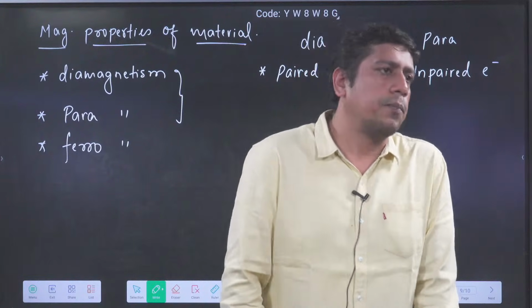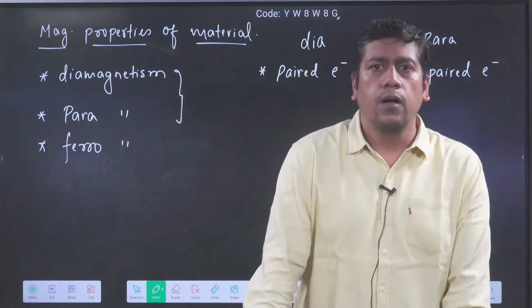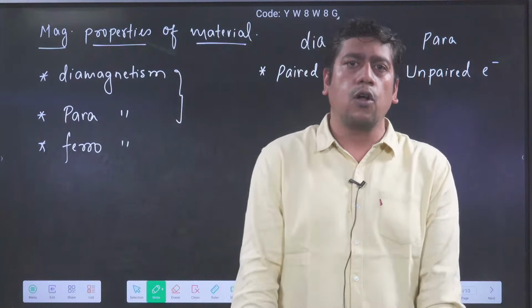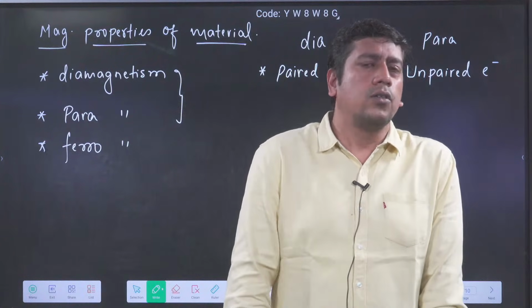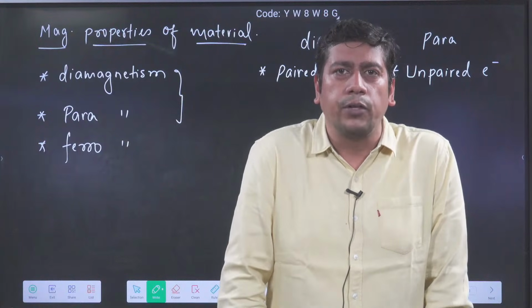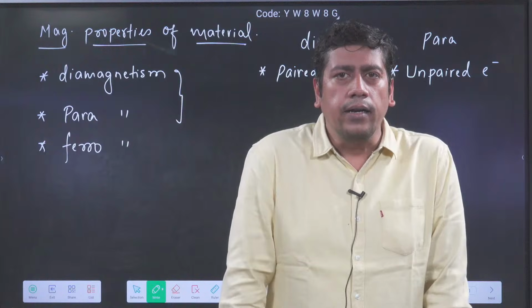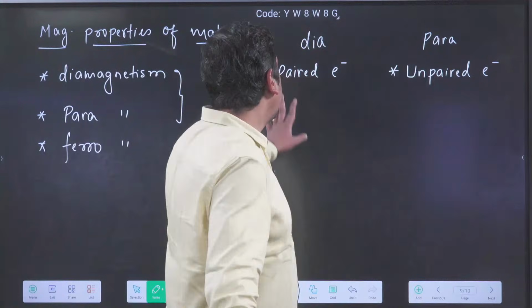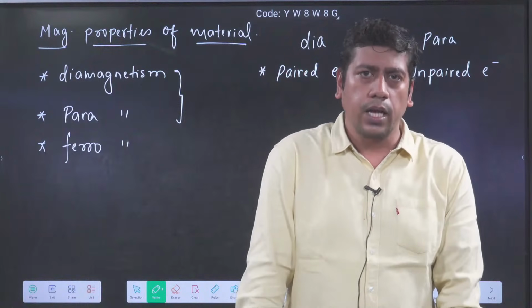Okay? So please focus. Now, you know that electron has orbital motion. Electron also has some spin motion, right? But in classical physics, we consider only orbital because that we can visualize. The spin thing we don't consider in classical physics. Now understand. We know that paired electrons are always paired with opposite spin.